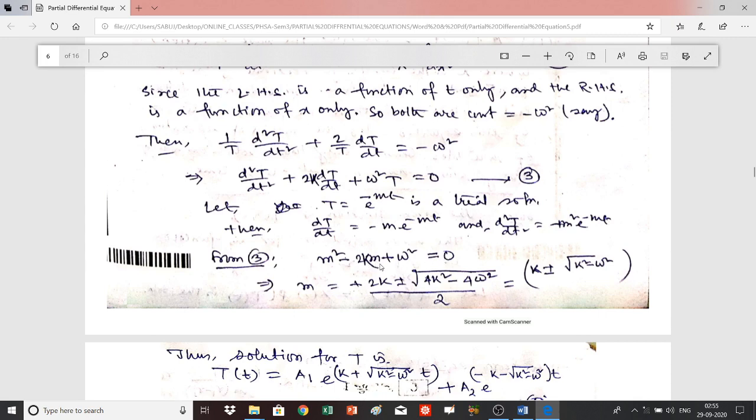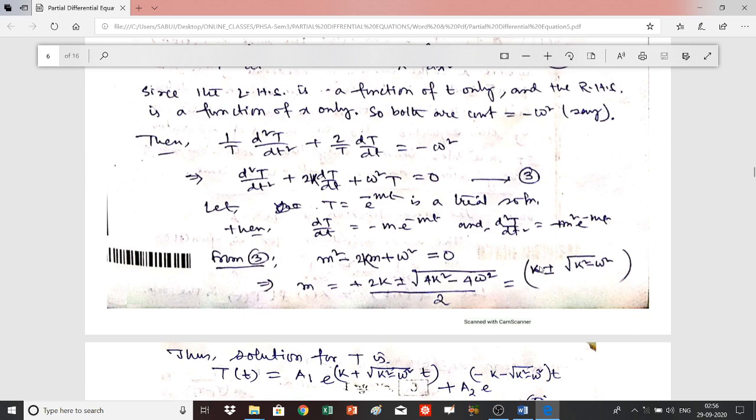Now you are looking for the values of m. From this equation you can use the well-known Sridharacharya's formula, that is m is equal to minus b plus minus root over b square minus 4ac by 2a. So that will give you, minus b is 2k, plus minus root over b square, that is 2k whole square, that is 4k square minus 4ac, where a is 1 and c is omega square, by 2 into 1.